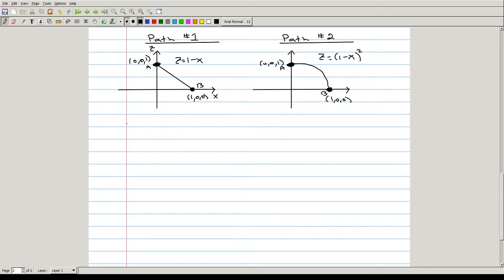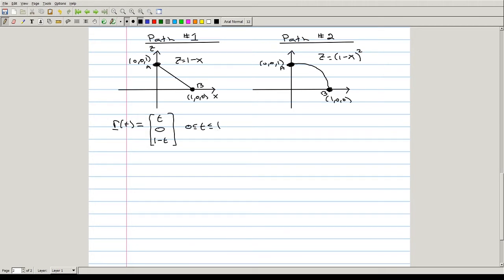So for path 1, we'll first start by parameterizing the curve, which you always want to do. In this case, our curve z equals 1 minus x is the same thing as, we'll choose x equals t for our parameter, y equals 0, and then z is going to be 1 minus t. And this is valid for t from 0 to 1.